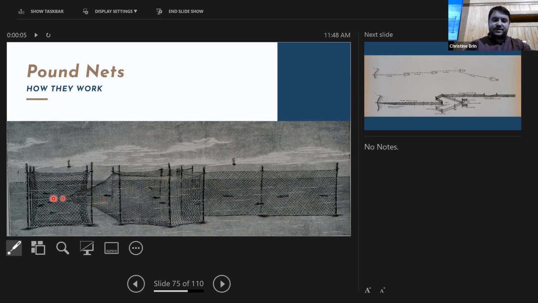And then that leads them into the pocket or the pound. And once the fish get in there, they can't get back out. They're alive. And so the fisherman just has to come in there and bail them out of that part. And so you got this nice fresh fish, unlike a gill net where the fish will get stuck in the gill net, it'll die. With a pound net, the fish are alive when you go get them.